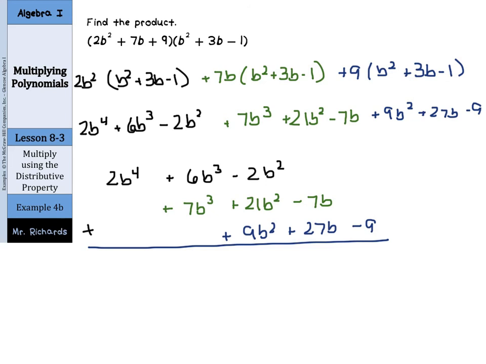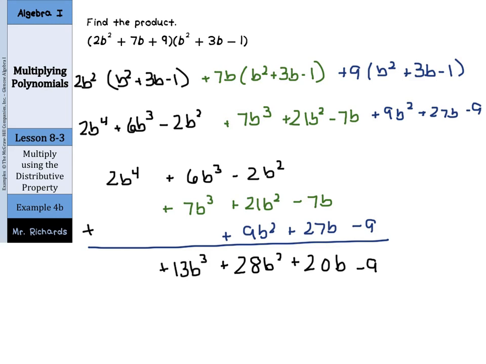And so we'll have the minus 9, negative 7b plus 27b is a plus 20b, negative 2b squared plus 21b squared plus 9b squared. Well, see, negative 2 plus 21 is 19. 19 plus 9 is 28, so plus 28b squared. 6 plus 7 is 13, so plus 13b to the 3rd.